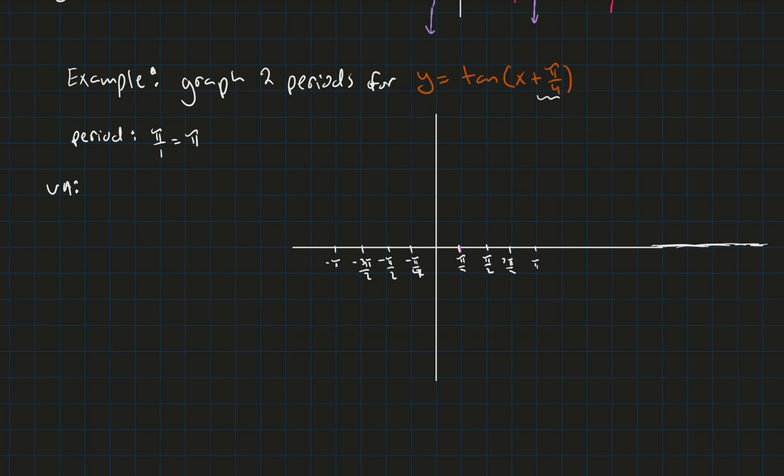I should be able to figure out where things are going to go. So I know 0, 0, if the angle is 0, is being shifted over, positive pi over 4 is going to go to the left. So there's going to be a point right over here. That's the new x-intercept that got shifted over.